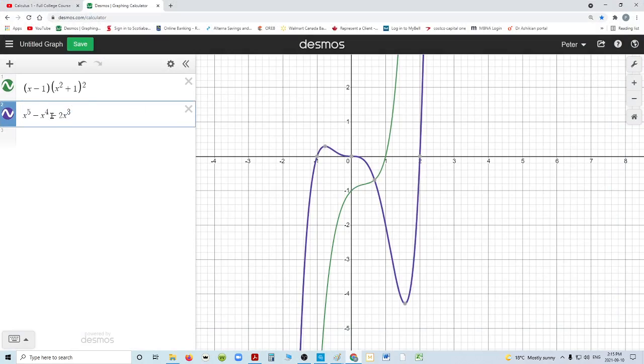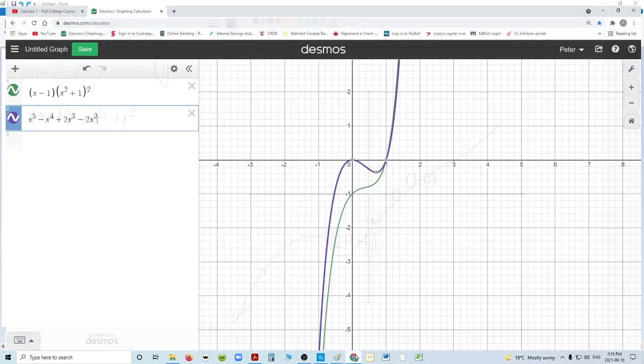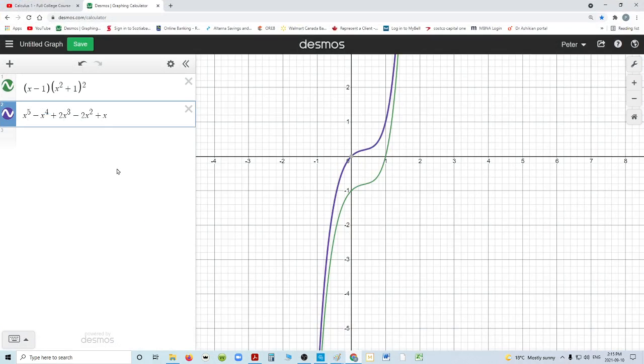So I'll just do another plus 2x to the 3 here and do a minus 2x squared here. And I remember that it's plus x minus 1. And sure enough, I get the exact same graph, which means I factored it correctly.